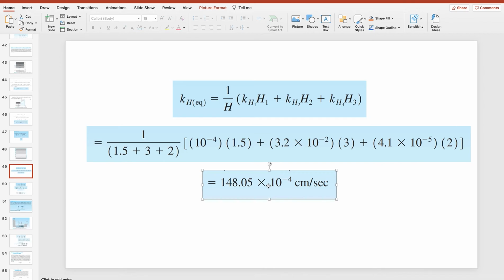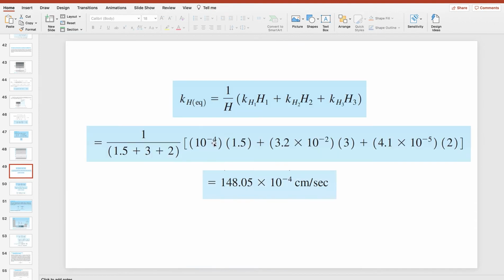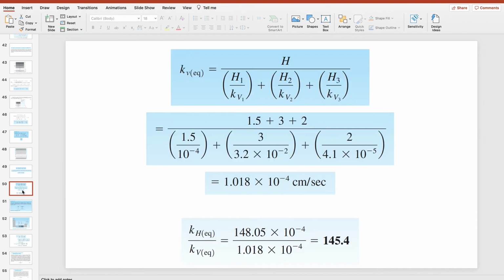The next thing that we need to solve is the vertical. So, for the vertical, we have this equation. So, same as before, but where here we multiplied, here we divide. So, the thickness divided by the hydraulic conductivity per layer.